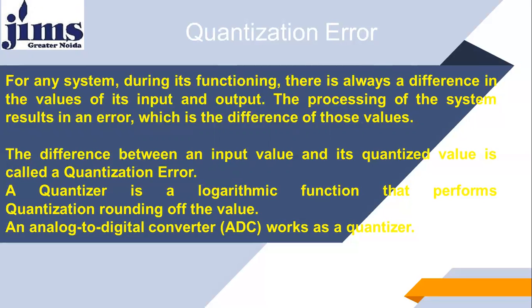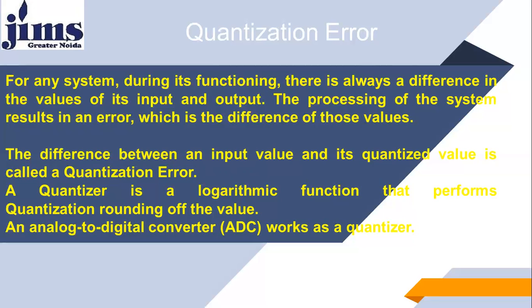For example, if you have 3.8 volt as your input value and you quantize this as 4 volt, the difference 4 minus 3.8 is equal to 0.2. We are talking about this difference. So the difference between an input value and the quantized value is called a quantization error, right?